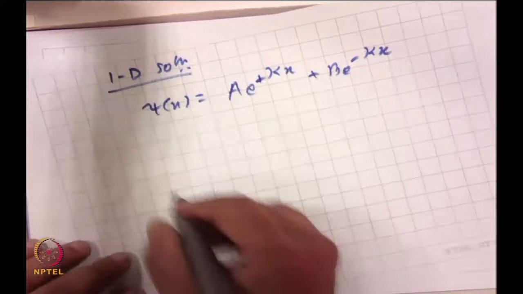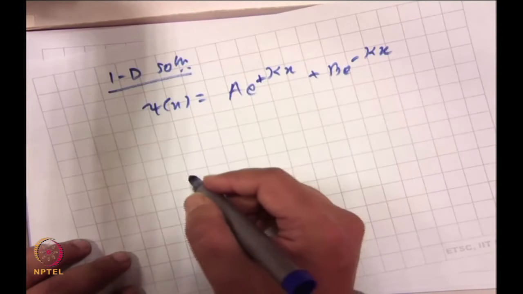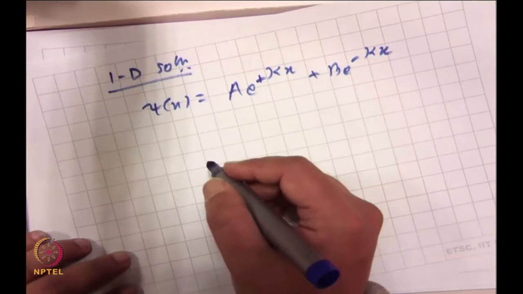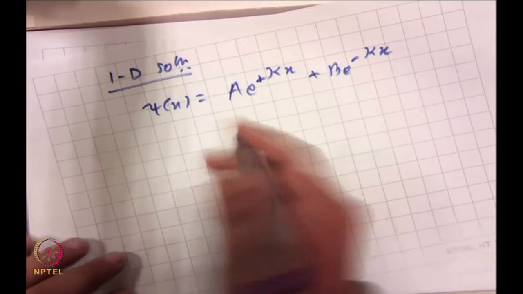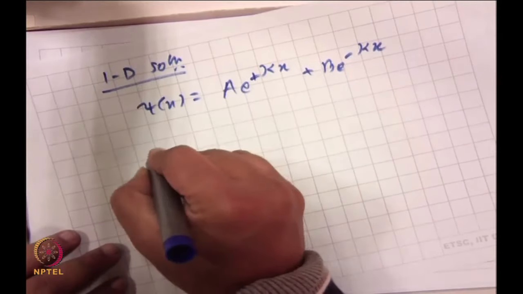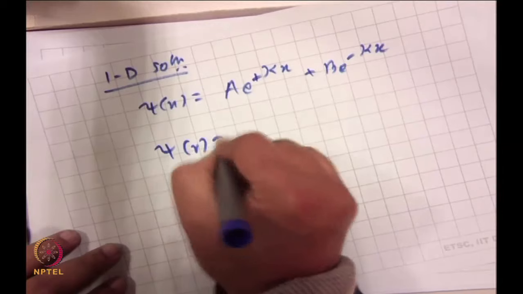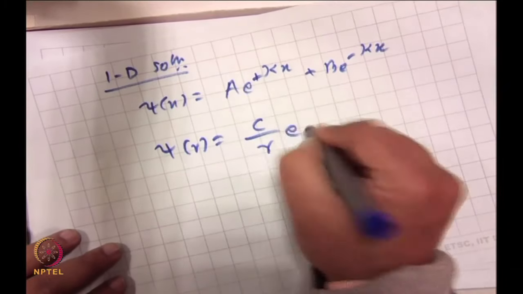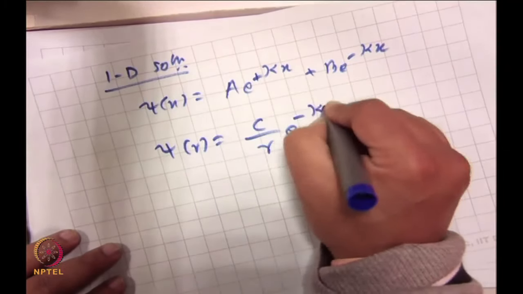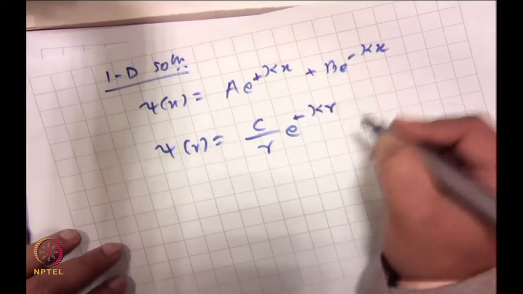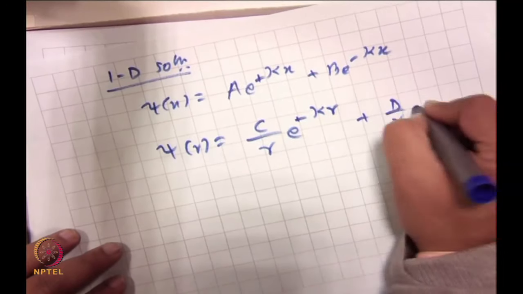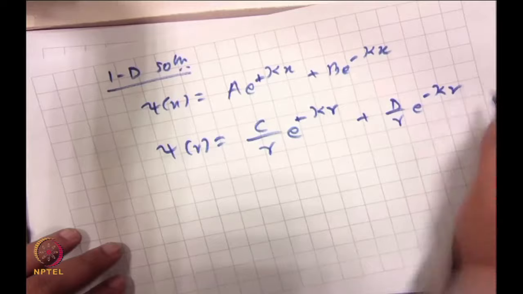Same here, what should I have here? What extra did I write there, or what extra did I by mistake put there? I should not be writing this, right? I should not be writing this C by r e to the power kappa r plus D by r e to the power minus kappa r.